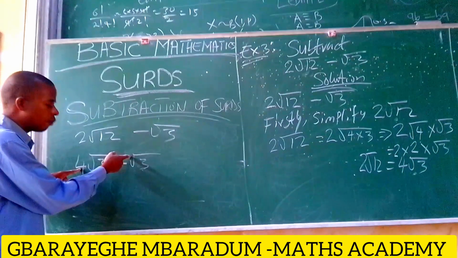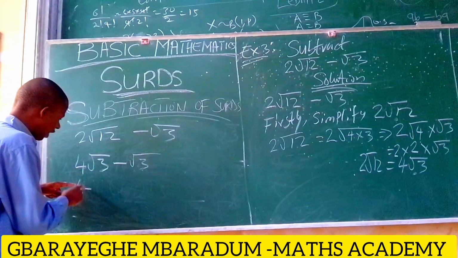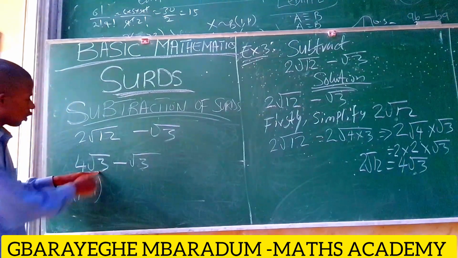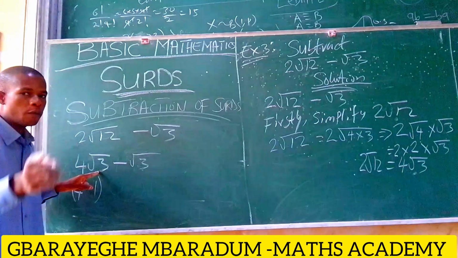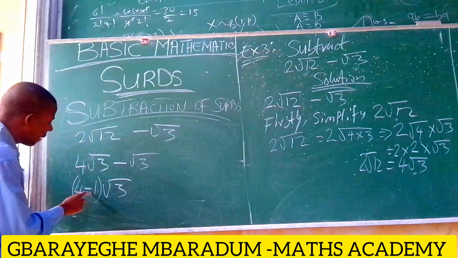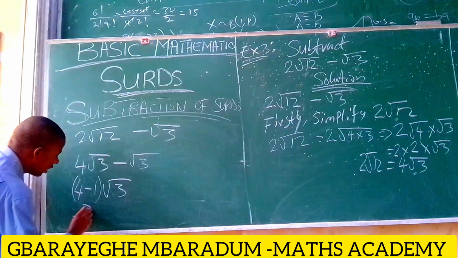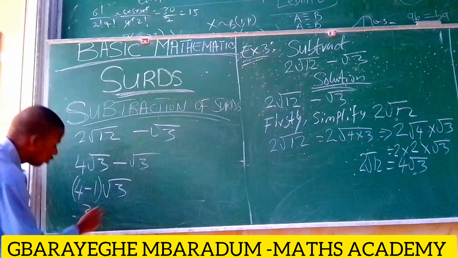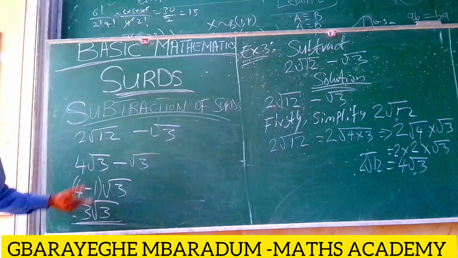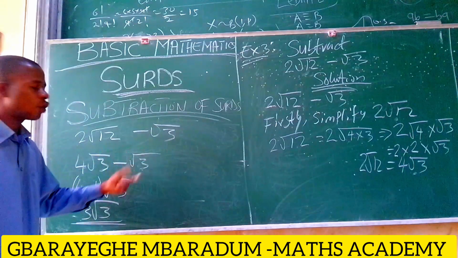Since they have the same root, root 3, you take only one of the root, which is root 3. So 4 minus 1 is 3, times root 3. And this is our final answer on how to subtract this kind of surd.